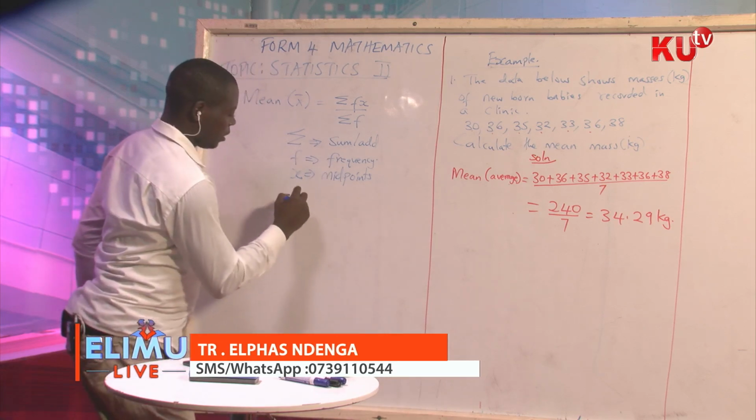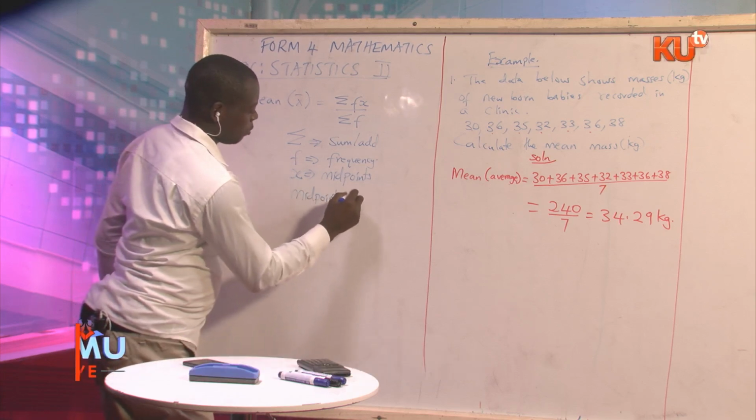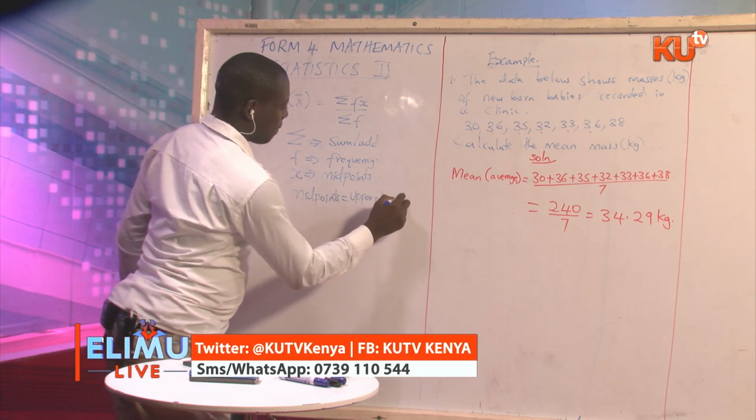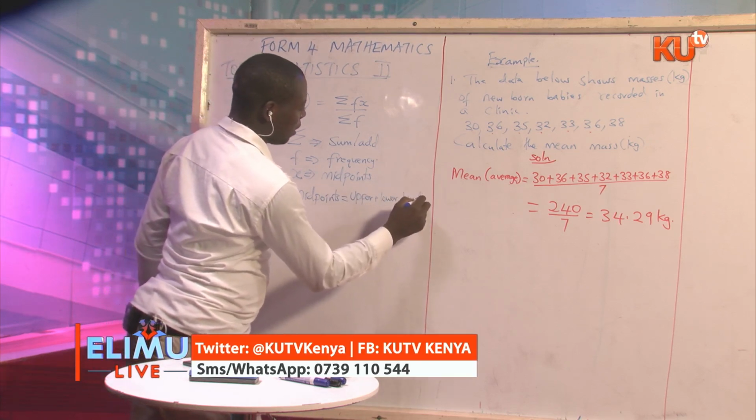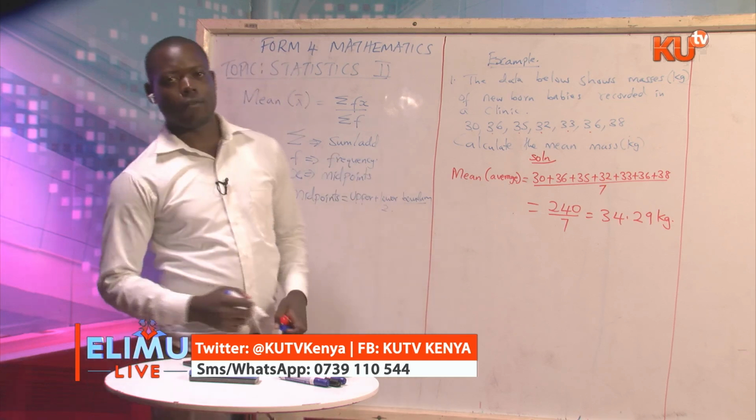So we shall say here midpoints equal to the upper plus the lower boundary. Then we divide by what? 2. We divide by 2.